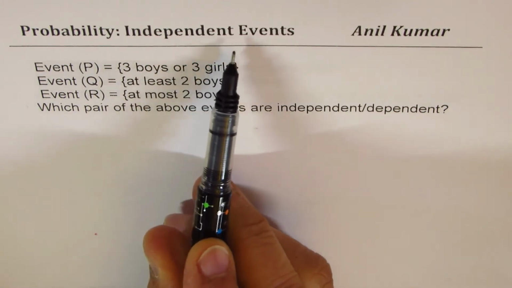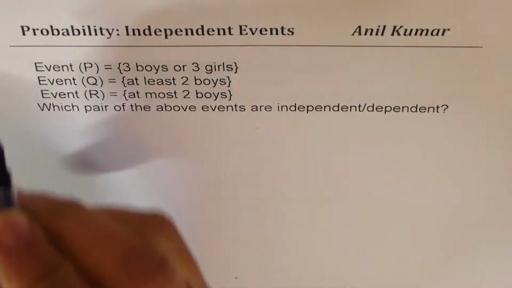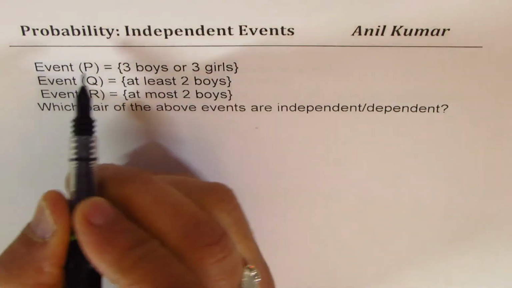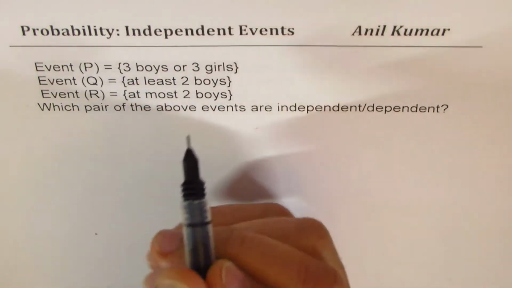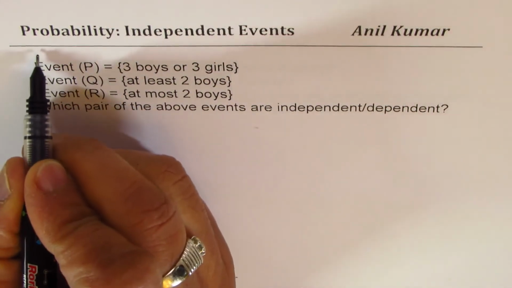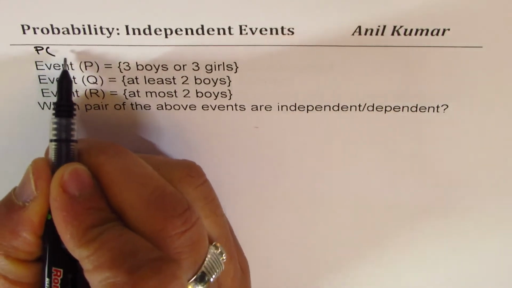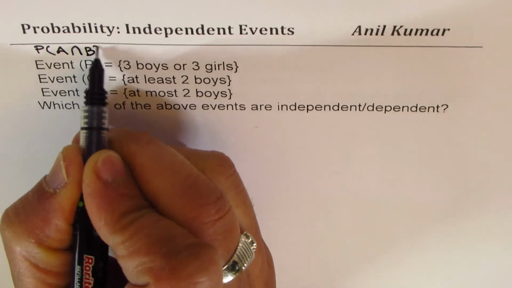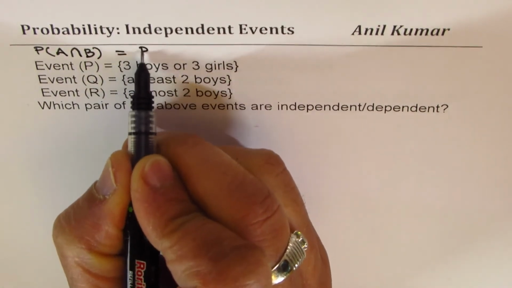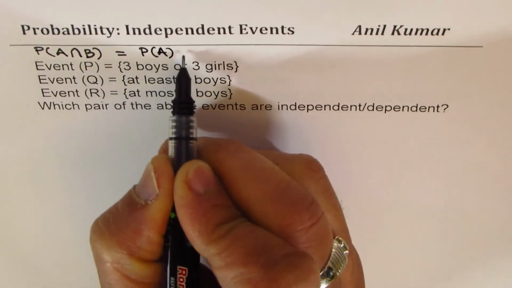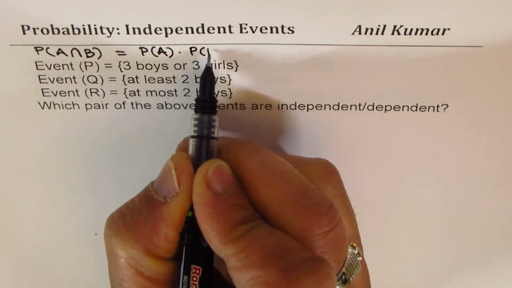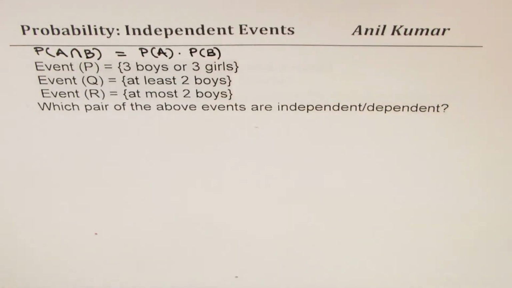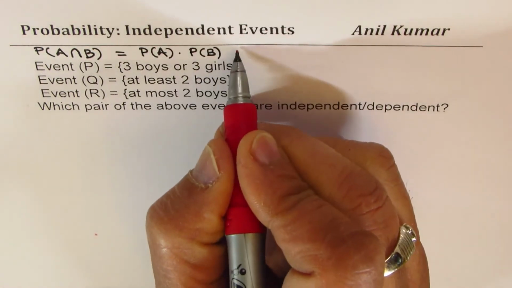Now for independent events, if we have, let's say, events A and B in general, we say if the probability of event A and B is equal to the product of the probability of A and B, if this is true, then we say that the events are independent.